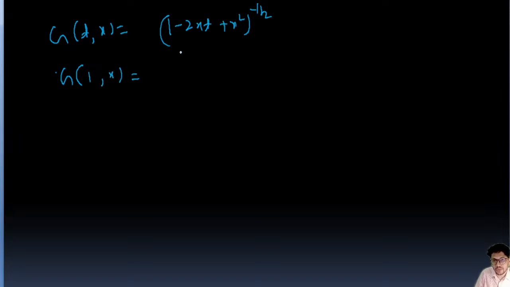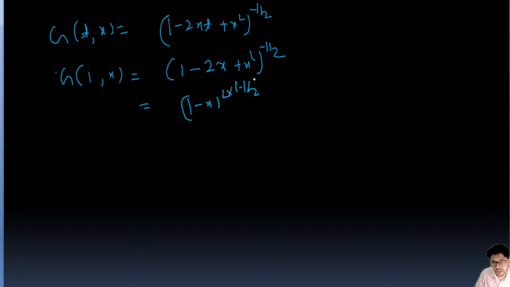Instead of t, we'll replace t by 1. So this is going to be (1 minus 2x plus x square) to the power minus half, and this is going to be (1 minus x) whole square to the power minus half. If you open it, this is going to be (1 minus x) to the power minus 1, and that is going to be 1 upon 1 minus x. So the value of G(1,x) is 1 upon 1 minus x.